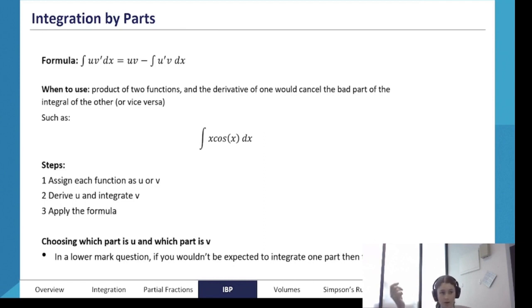We'll go over an example of this in a second to better understand it. But yeah, a simple rule is if you have a product of a polynomial and some other function, typically you let u equal the polynomial and then apply integration by parts multiple times until the polynomial differentiates down.